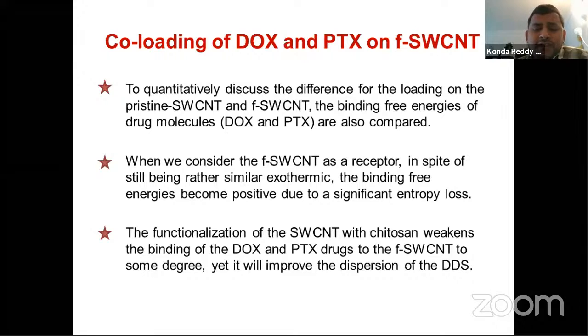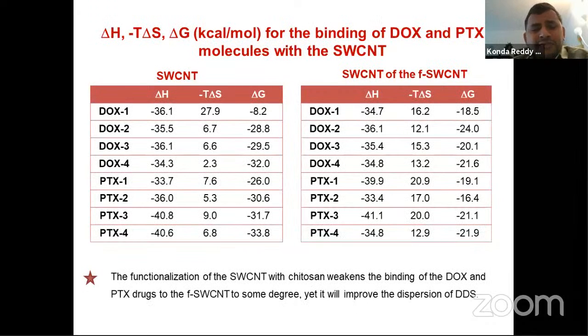Functionalization weakens the binding of the DOX and PTX molecules to some degree, but it improves the dispersion of the drug delivery system. There is a slight decrease in the binding free energy with the functionalized carbon nanotubes, but I think it's not a drastic change.